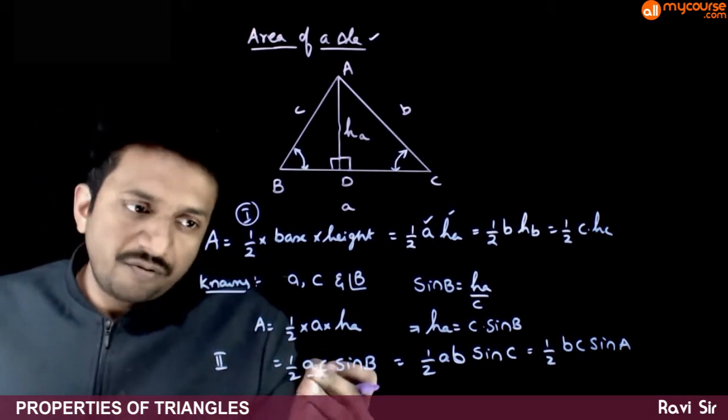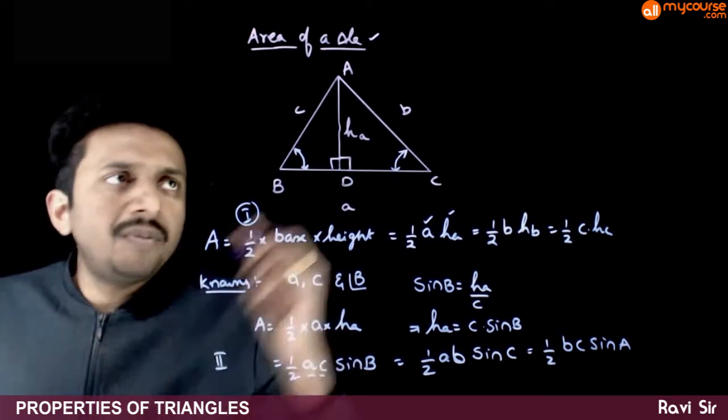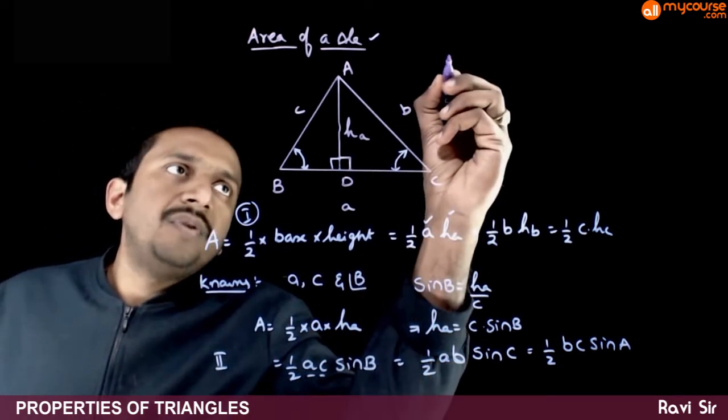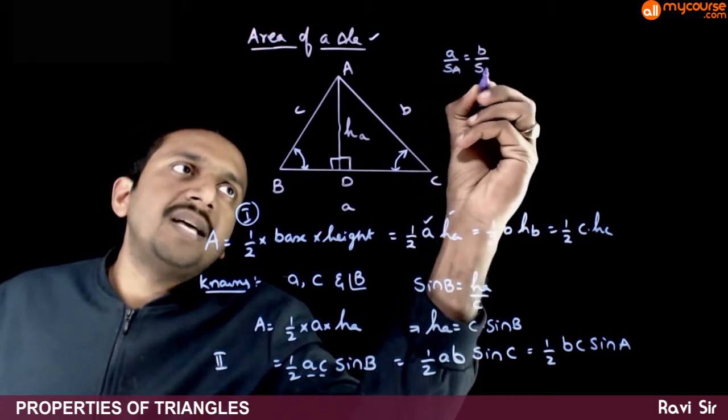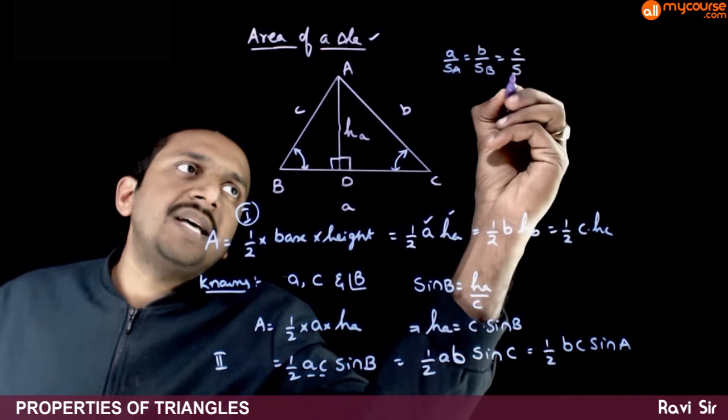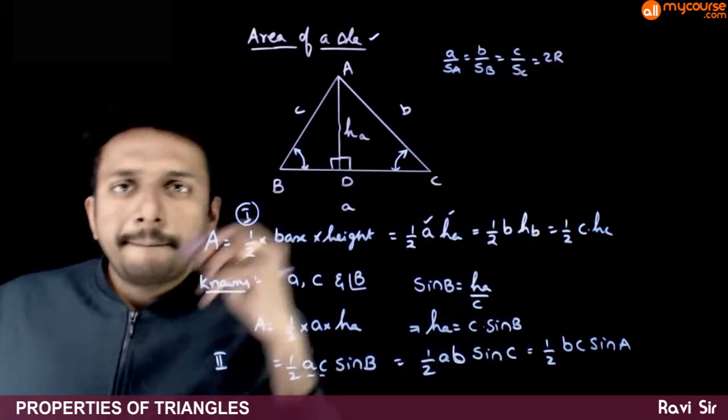Now from this formula you can also create one more formula by using the sine rule. We know that a by sine A is equal to b by sine B is equal to c by sine C is equal to 2R.